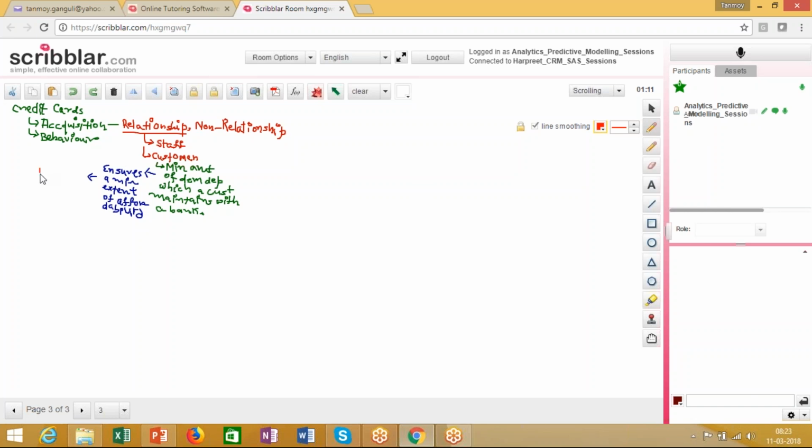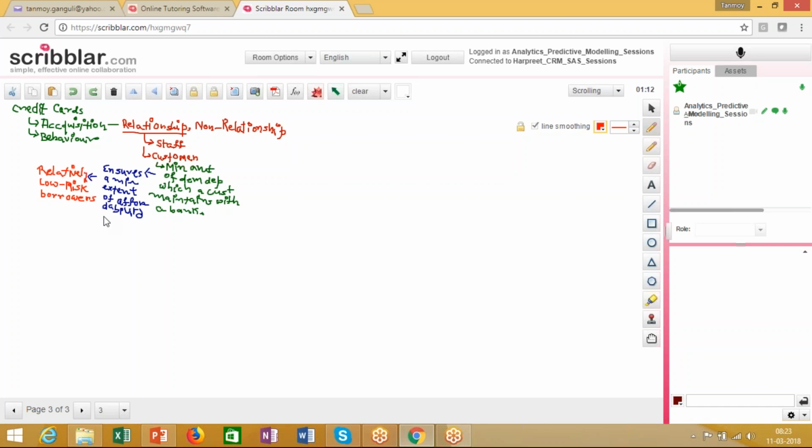If the guy can maintain this balance, then what I can clearly understand is that this guy is a relatively low risk borrower because he at least has the affordability of taking the product.